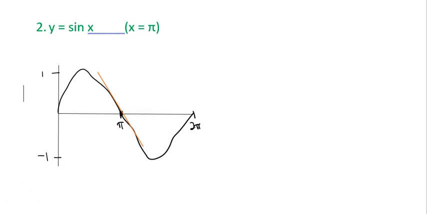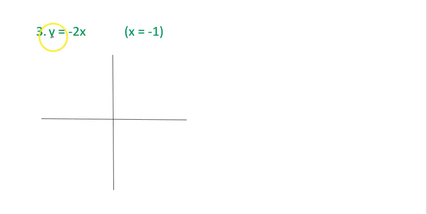So again, we're just trying to draw little tangent lines that go through that one point only to the best of our ability today. Okay, our third example, we have the line y equals negative 2x, and we're going to try to be tangent at negative 1. And this one is actually going to be a special case. Okay, so this would be a line that goes through 0, 0 because the y-intercept is 0, with a slope of negative 2.